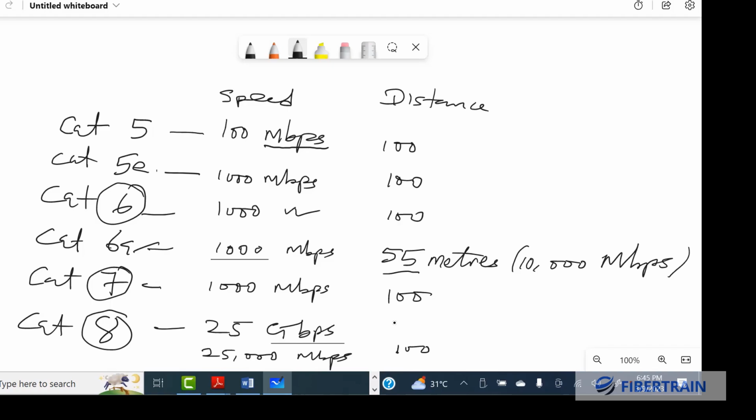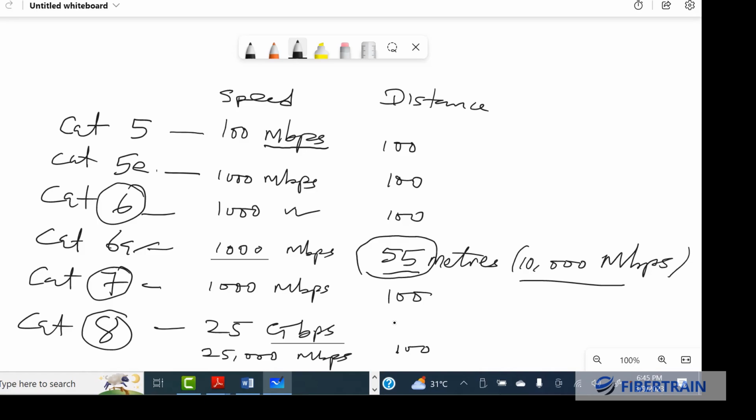So yes, it can go up to 10,000 megabits per second. But at that level, at that speed, the distance it can travel is only 55 meters. So that's actually a very good question, because Cat6a on a good day can actually go 1000 meg for 100 meters. Anything above 1000 meg will drop in terms of distance.